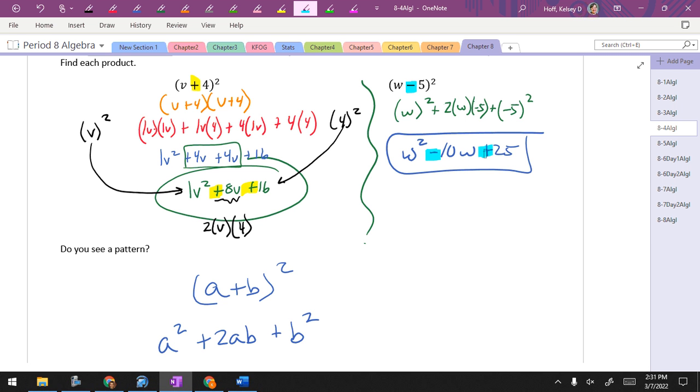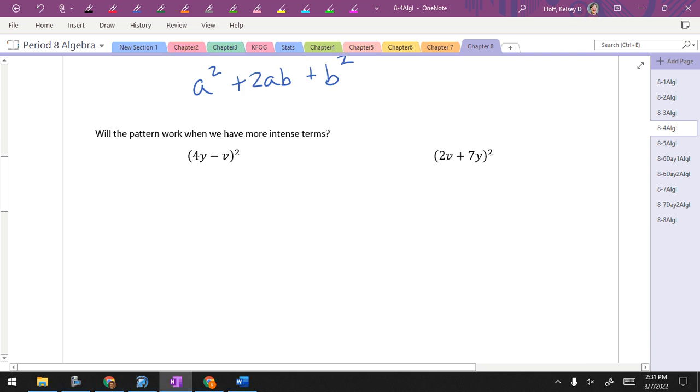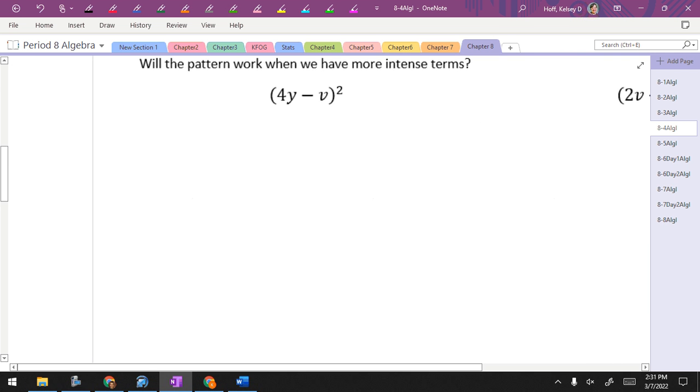The middle term is going to have the same sign as what your binomial did. So if it's a positive in here, you know it's going to be a positive middle term. If it's a negative, you know it's going to be a negative. You always are going to have a positive at the end, though, because when you square it, you end up with a positive. Okay?